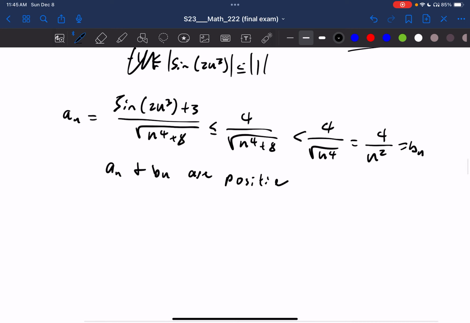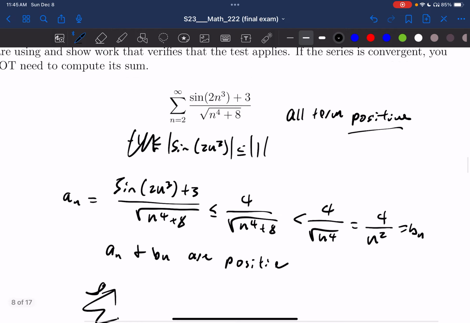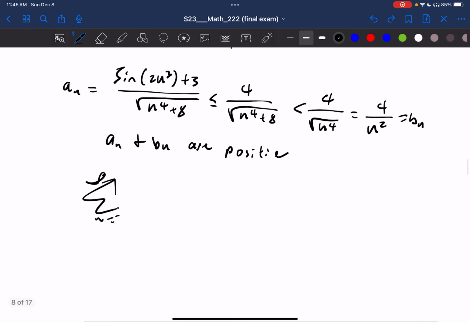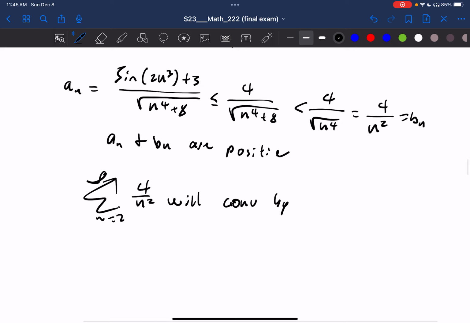Now we can compare simply this. So we know the bigger term will converge. The summation as n equals 2 of 4 over n squared will converge by comparison test. Actually, it will converge by the p-series test, where p is equal to 2, which is greater than 1.